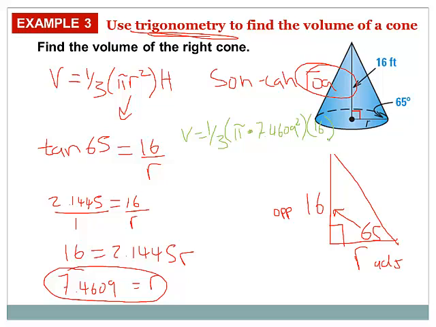So you can plug this into your calculator, and I'm going to use 3.14. And you get roughly 932.22 to the nearest hundredth. And this is feet, so it'd be feet cubed.